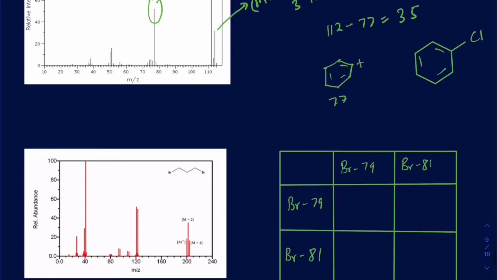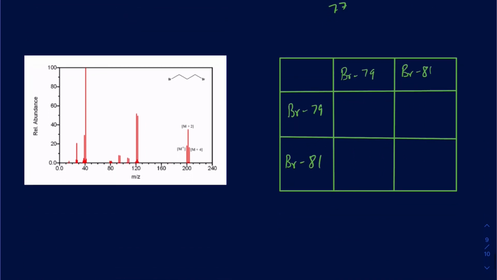What if you have two bromines? Then things change a little bit because we have two bromines. You will start seeing M+2 radical cation and M+4 radical cation. And what's going to be the relative height of the peaks? So I have this molecule that has two bromines in there, and I have bromine 79 and bromine 81 as their isotopes.